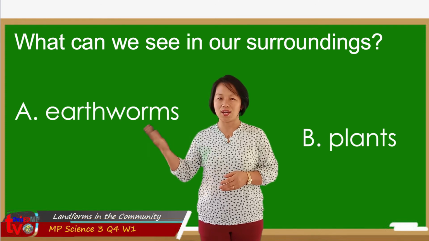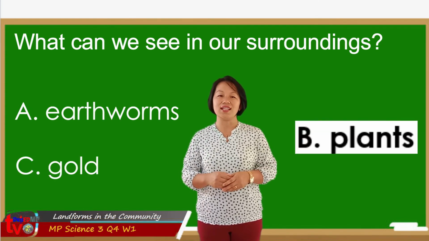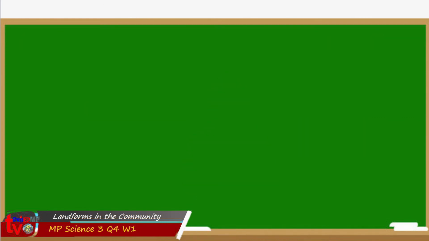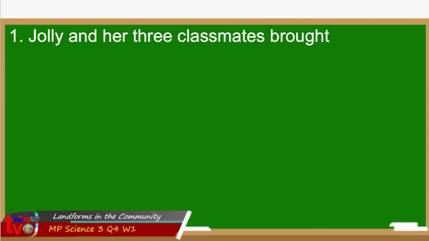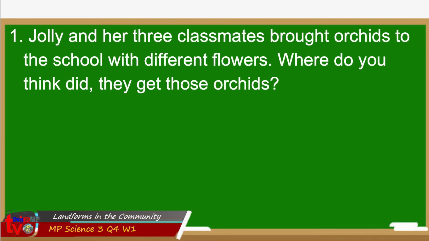Letter C, gold. And the answer is letter B, plants. Number 1. Jolly and her 3 classmates brought orchids to the school with different flowers. Where do you think did they get those orchids?